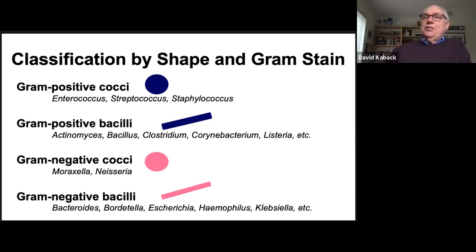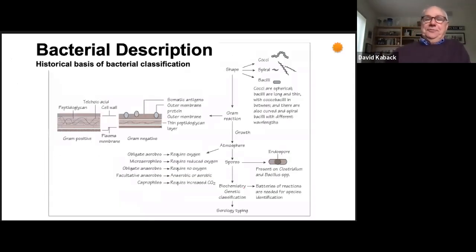All right, in addition to gram-positive and gram-negative, we have descriptions of the shape of a bacteria, which I told you about: the gram stain and the shape, gram-positive or gram-negative, cocci or bacillus. Then we'll describe it by various things about how the bacteria is grown.